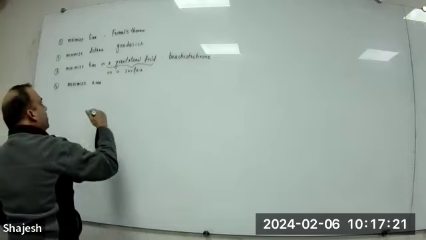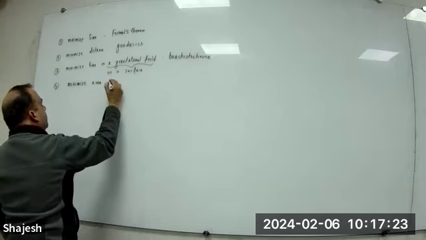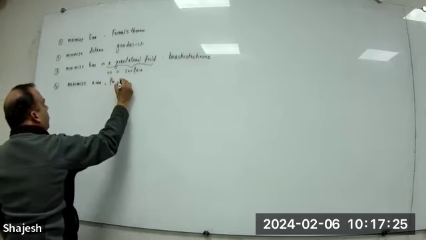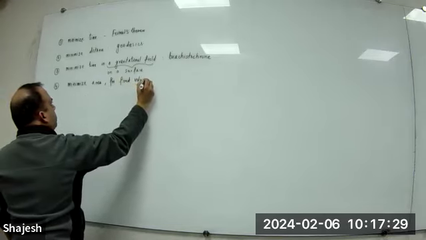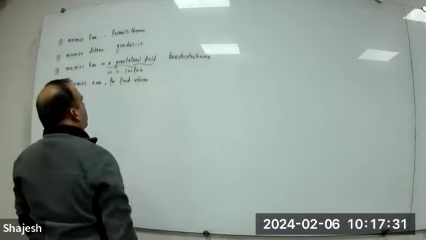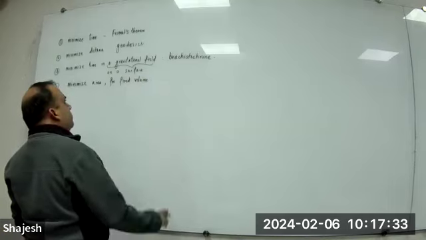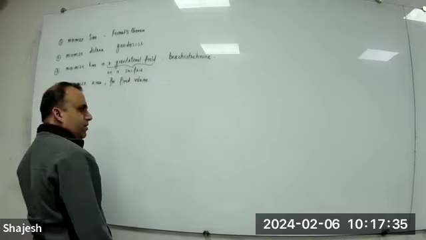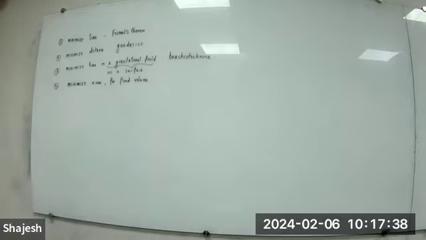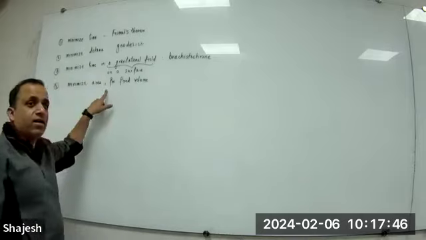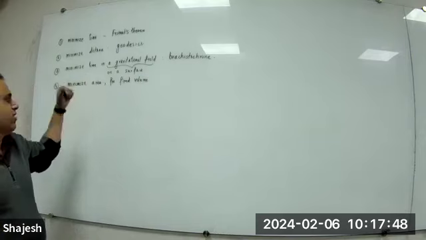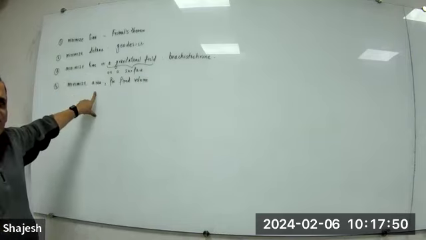So minimizing area for fixed, let's say, it doesn't have to be for fixed volume. There is no name associated, nothing, I guess. Yeah, so you just minimize the area. Minimize the area, right? That's all.